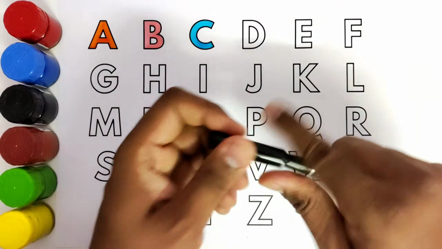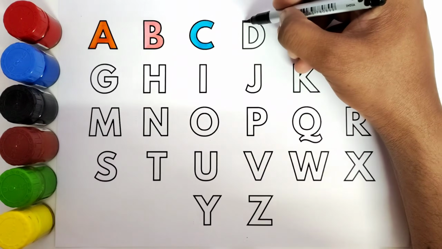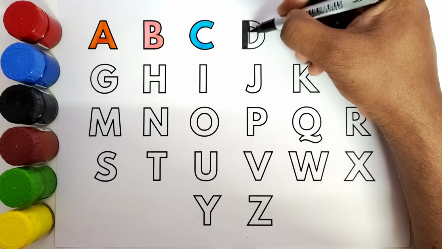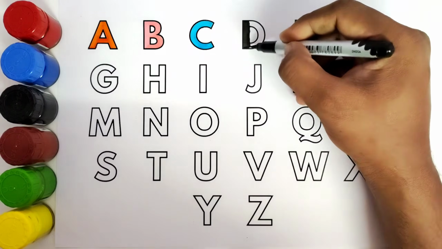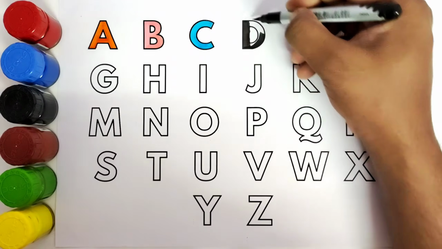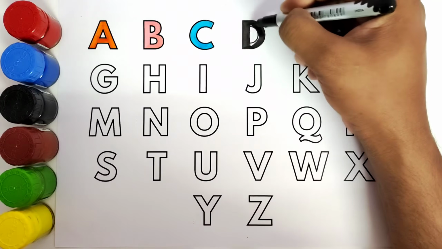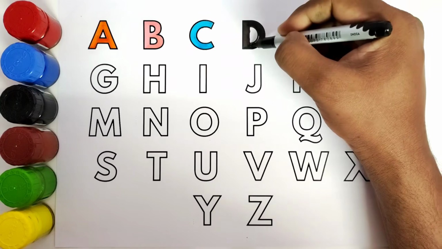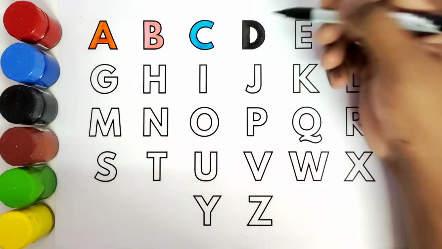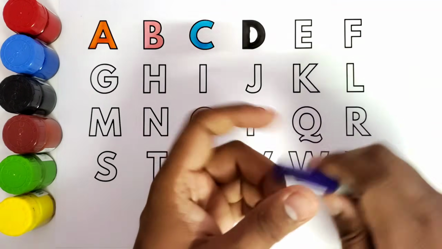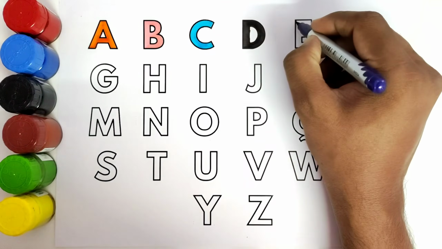This is D. D for doll. D for doll. This is E. E for elephant.